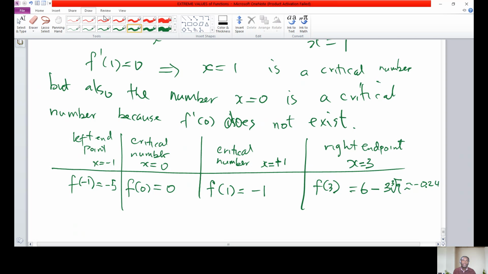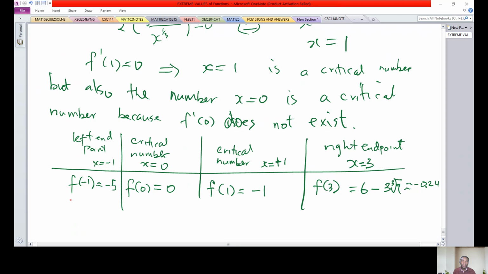From these values, we can easily see that this is the minimum and this is the maximum.